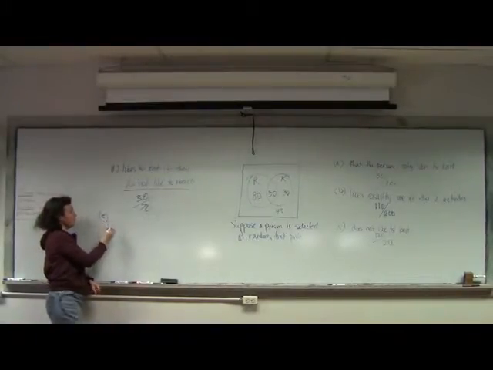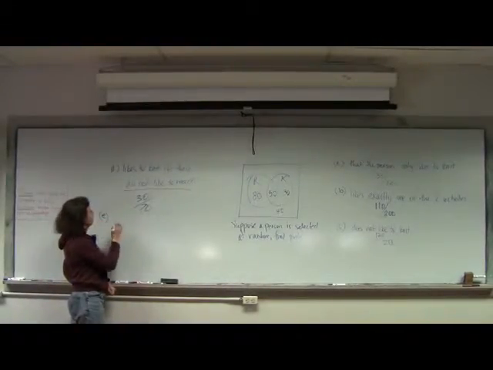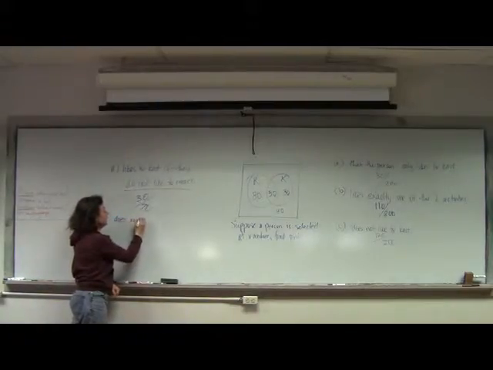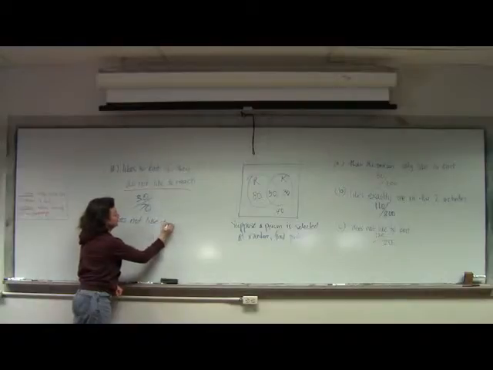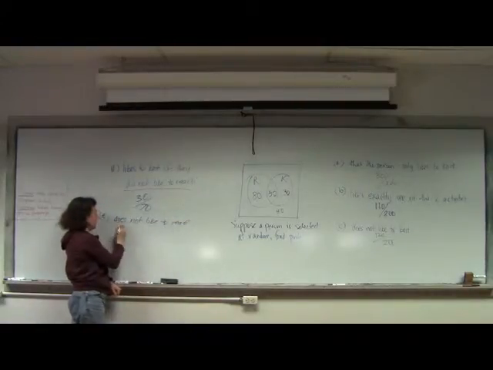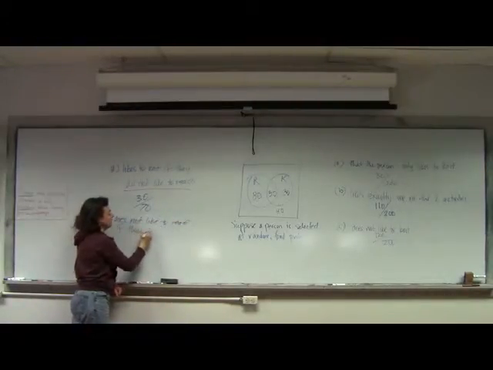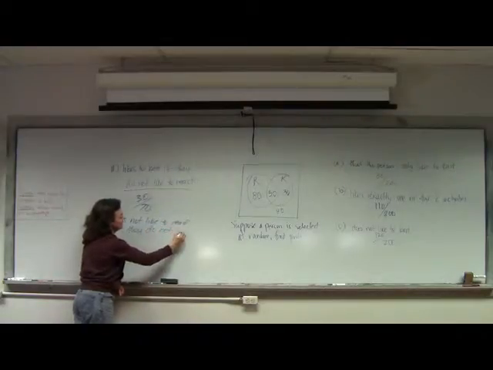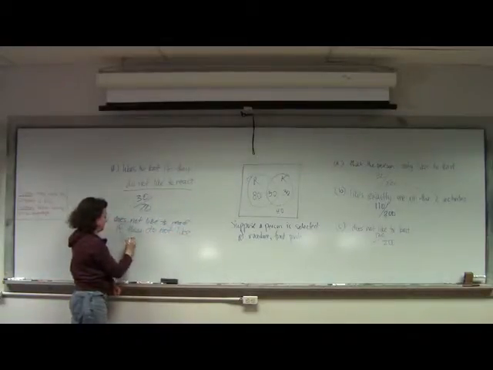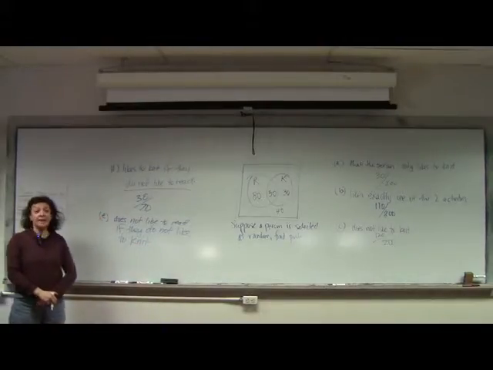All right, how about this? Let's find the probability that a randomly selected person does not like to read if they do not like to knit. All right, here's another conditional probability.